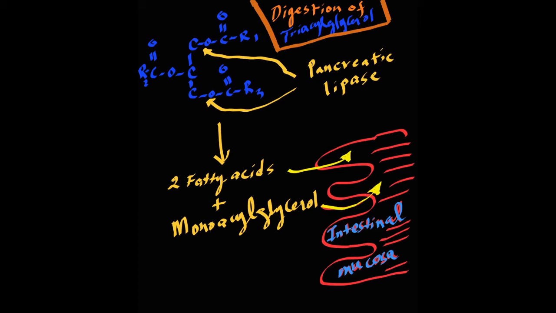The absorbed lipids, the fatty acids and monoacylglycerol, inside the intestinal mucosa will then get reassembled into a triacylglycerol molecule, very similar to the ones that originated in the lumen of the small intestine.